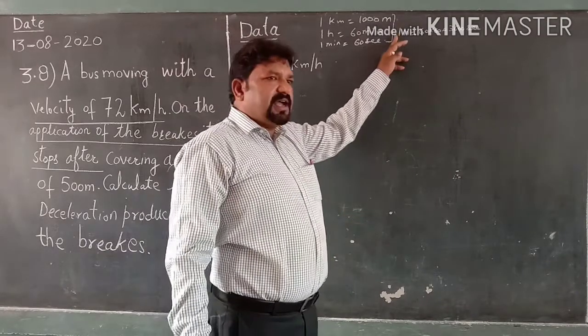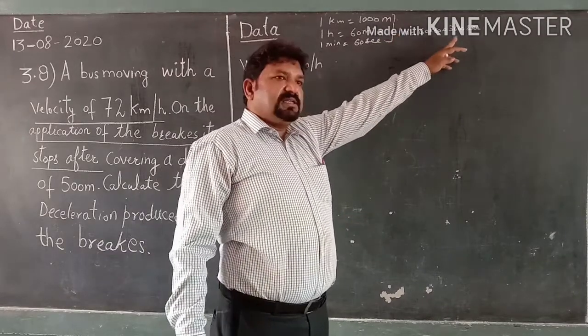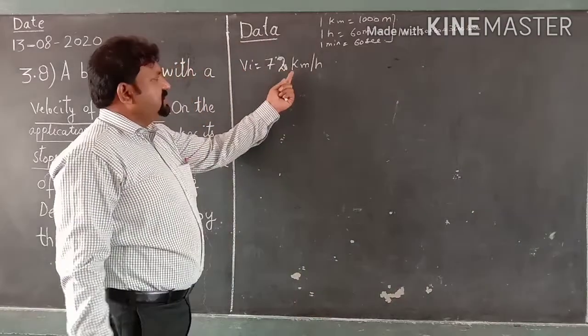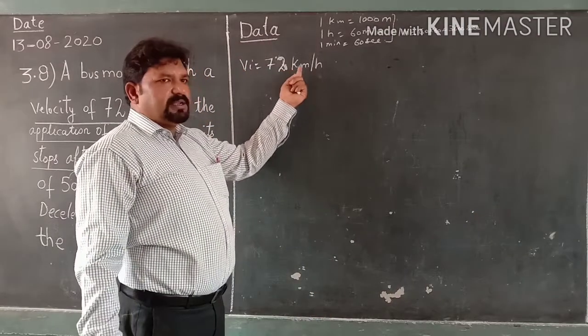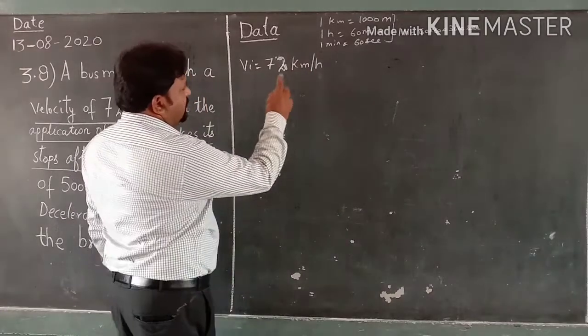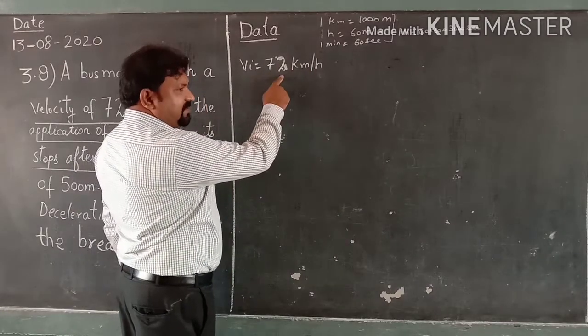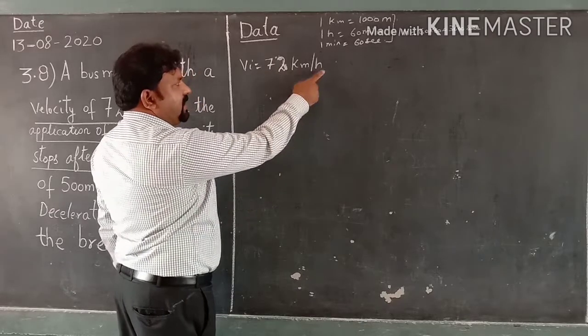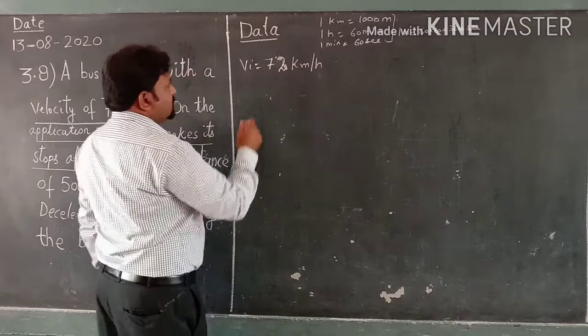So in 1 hour, how many seconds? 3600 seconds. So when we change kilometer per hour into meter per second, we multiply 72 by 1000 and divide by 3600.